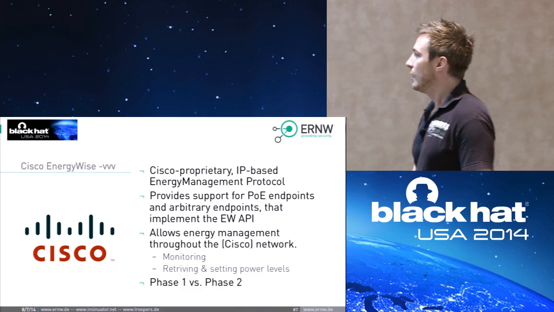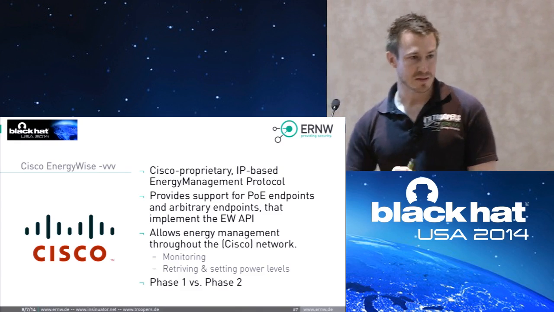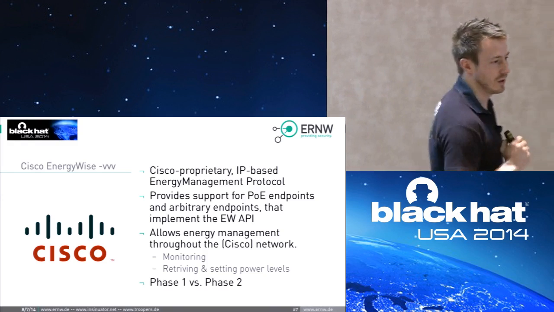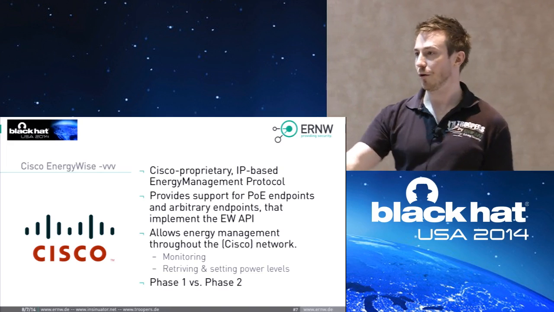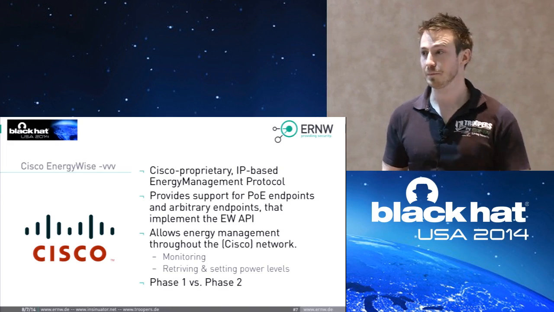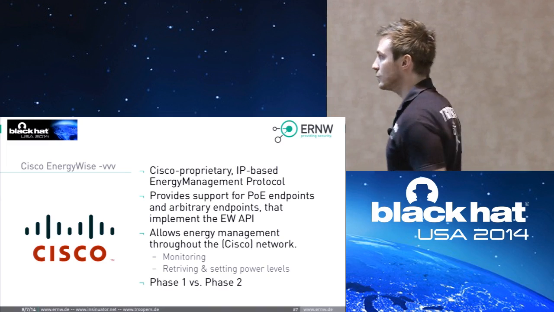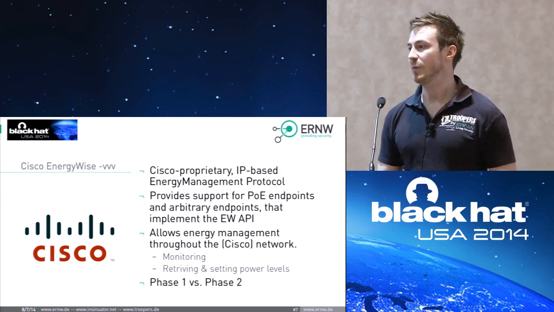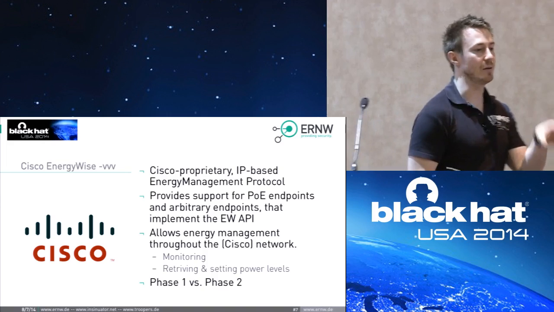And speaking of retrieving and setting power levels, when you have a power over Ethernet device, of course the only thing EnergyWise is doing is, for example, powering down the Ethernet port, power-wise, not network-wise. And when we have an actual EnergyWise endpoint, the central management solution is directly communicating with that endpoint.